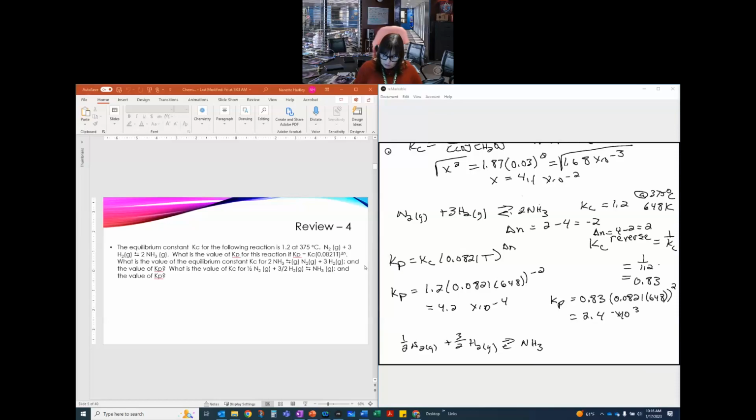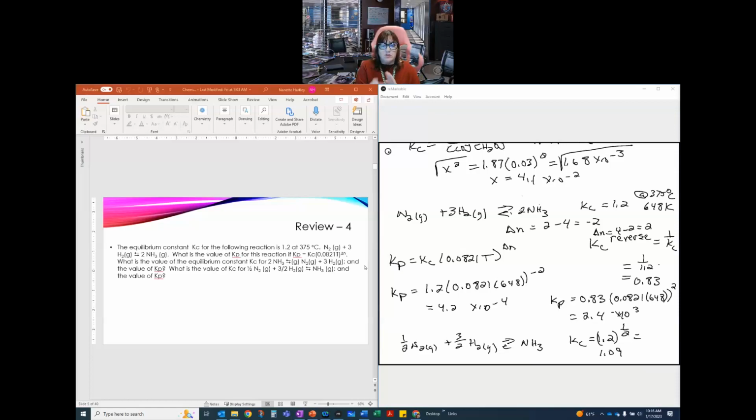The Kc for this initially was 1.2, but when we divide the equation by 2, we need to raise that to the 1/2 power. So we're taking the square root, and that's equal to 1.09.